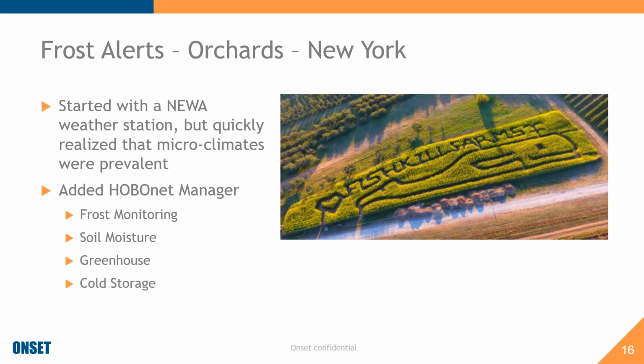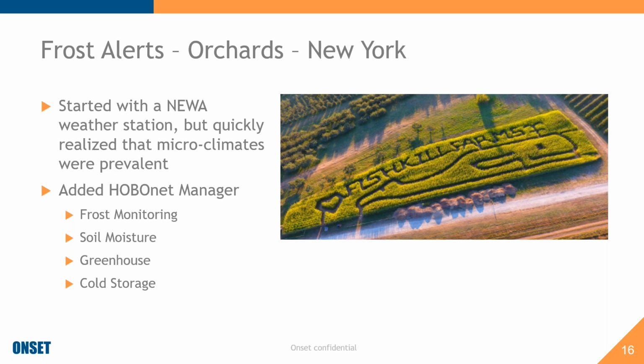Moving on to our next customer case, Fishkill Farms up in upstate New York. So this customer actually approached us originally not looking for a way to monitor frost risk. This customer was actually looking to build a weather station that could tie into NEWA's free pest monitoring system.